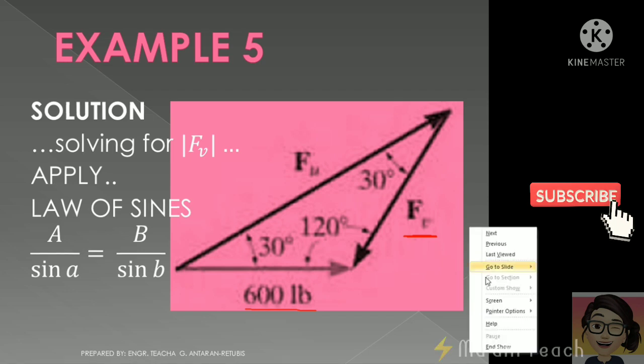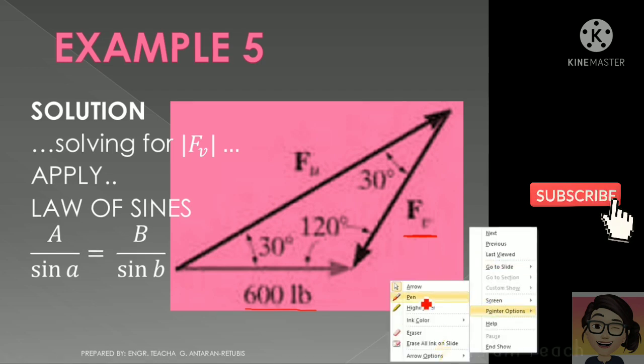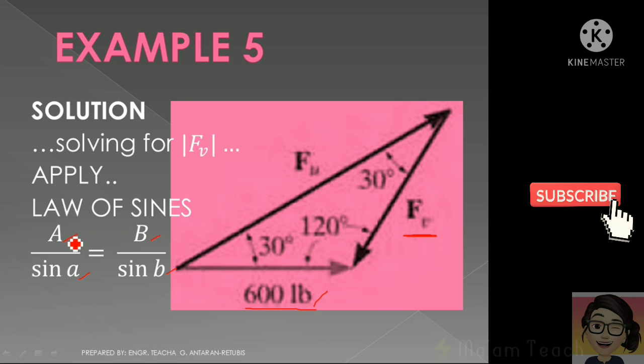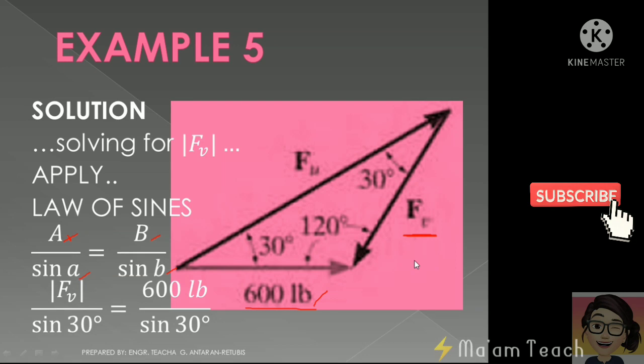Since this 600 pound is given, we can have it here. This is our unknown, or vice versa, and then we have lots of angles here. So we can use this law of sines. Now substituting, I will make side A our unknown, which is the f sub v, and side B our 600 pound.